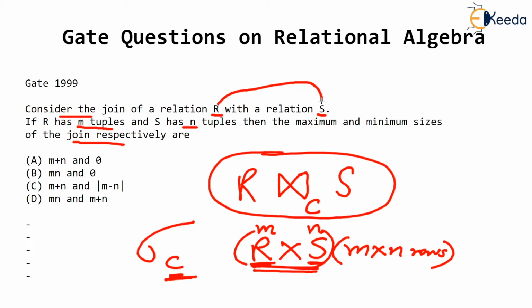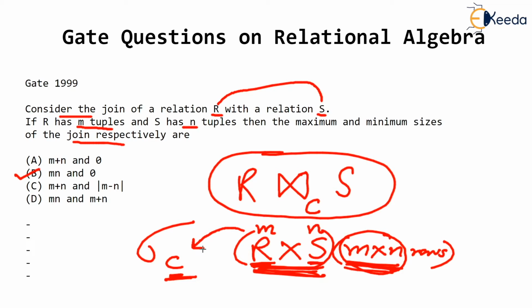We always run a condition using select, and only those rows which pass the condition are shown in the output. So how many of this m into n rows? How many maximum rows can be shown? Yes, the maximum rows possible is m into n, that is this figure, and the minimum possible is 0. So B is the answer.